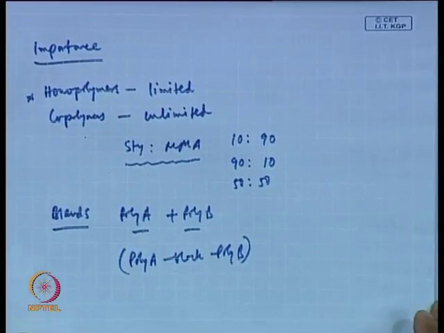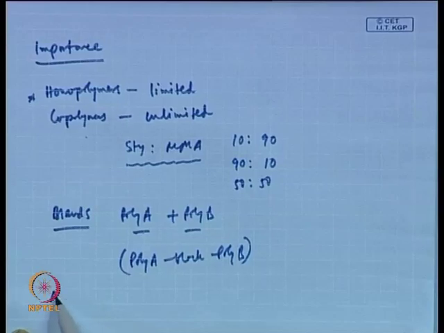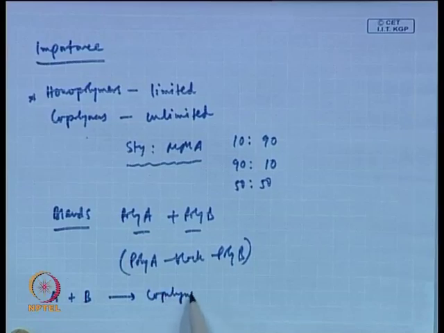But in this chain polymerization section we will be discussing chain copolymers, where we are mixing monomer A and monomer B from the beginning and making copolymers.